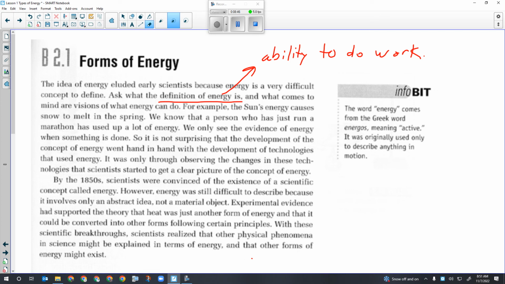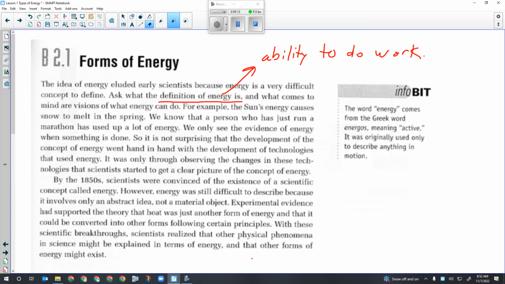Well, energy doesn't have mass. It's not made of anything. So it was difficult for scientists to do experiments where they can measure it, because it's not something you can keep in a jar. Does that sort of make sense? You either have it or you don't. It's your ability to do something else.